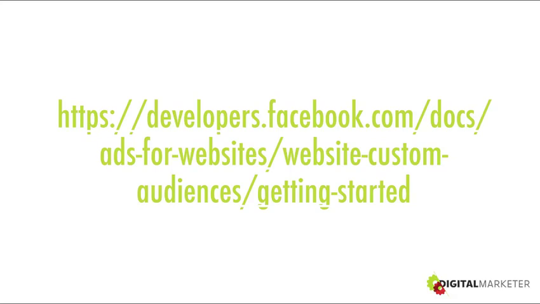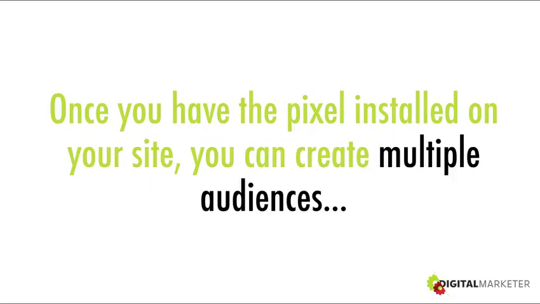Sorry for the long URL, but I want to make sure you have that resource so you know exactly where to put this pixel. And keep in mind, it only goes on your website once. So you either put the pixel in the head template that applies across all pages, or you put it on each page individually.